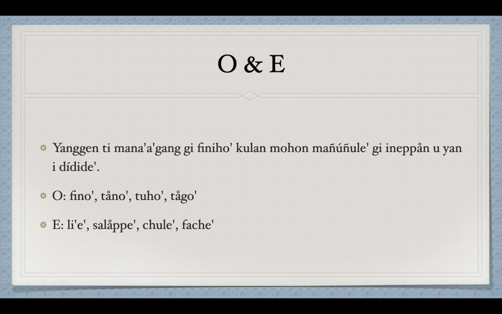So we have examples, right? For U, we have words like tanu, which is spelled with an O, but it sounds like U, tanu, right? We have finu, right? Finu, spelled with an O, but it sounds like a U, finu. And then for E, right, you have words like salapi, li'i, right? In our language, we don't say salape or li'e. We say salapi or li'i, right? And there's two other examples there on the screen.